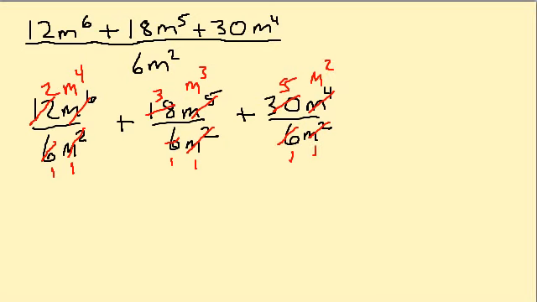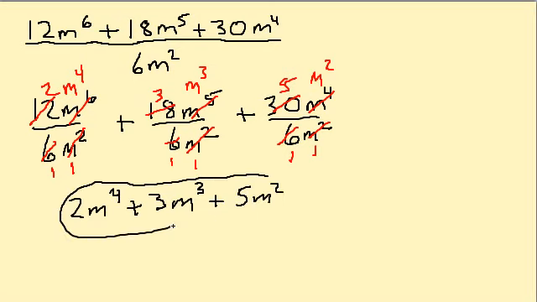So our final answer would be 2m to the 4th plus 3m cubed plus 5m squared. And that's your answer.